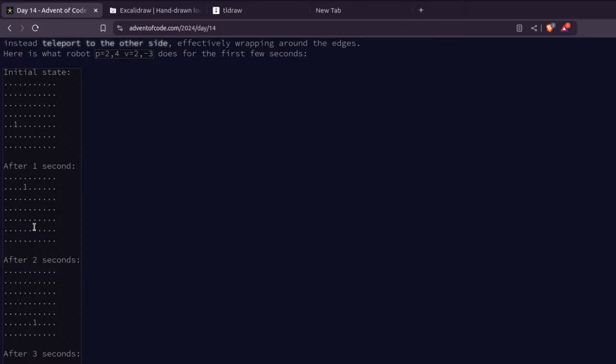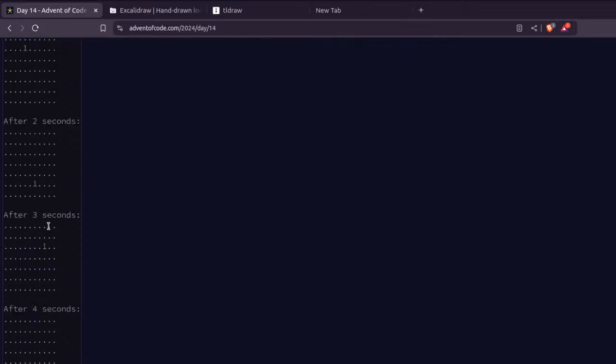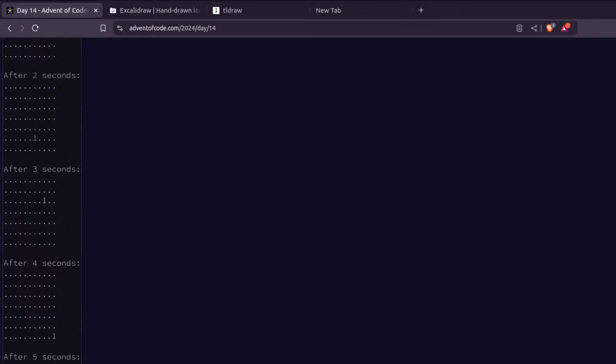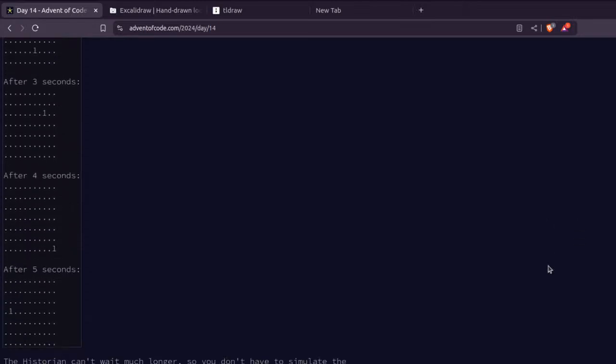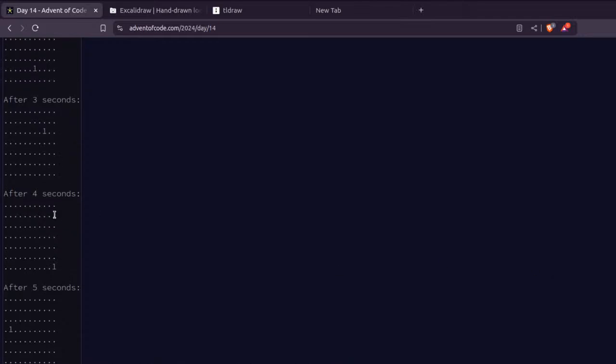After 5 second one, so that will be, so confusing. So it will be 1, 2, 0, 1, 2, 3, 4, 5, and 6. So 0, 1, 2, 3, 0, 1, 2, 3, 4, 5, 6, 7, 8, 9, and 10.